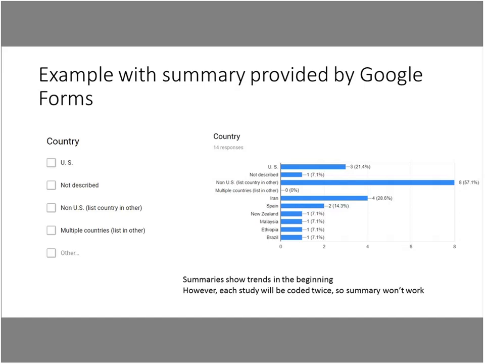One problem, though, when you're looking at this is the fact that each study is coded by 2 people. This coding result won't really help me at the end. So I'm going to talk about some ways that you can deal with that.